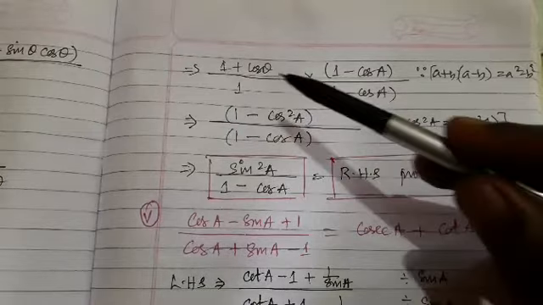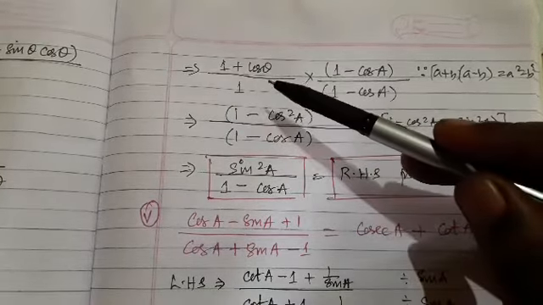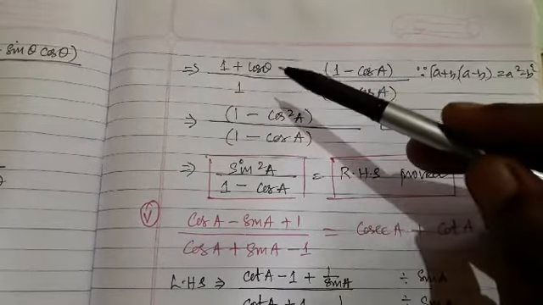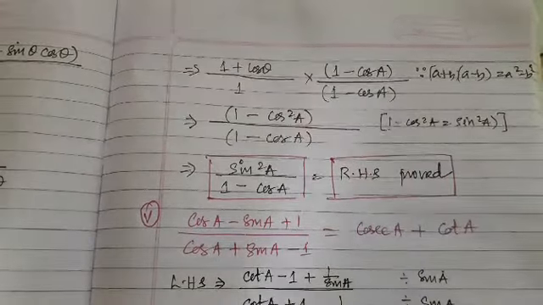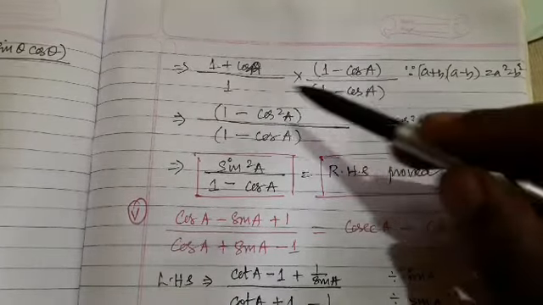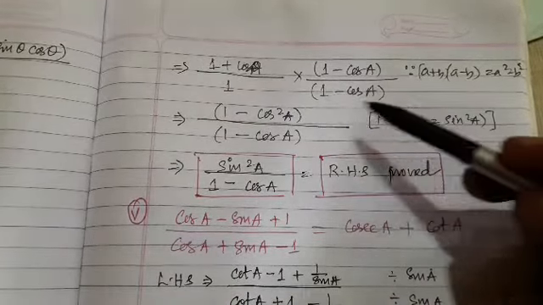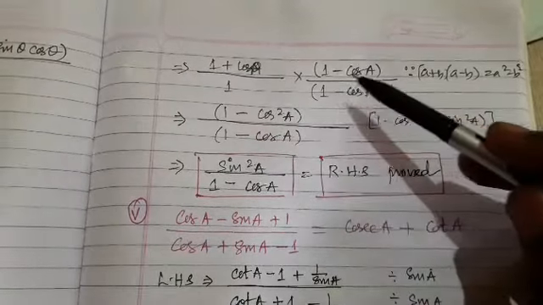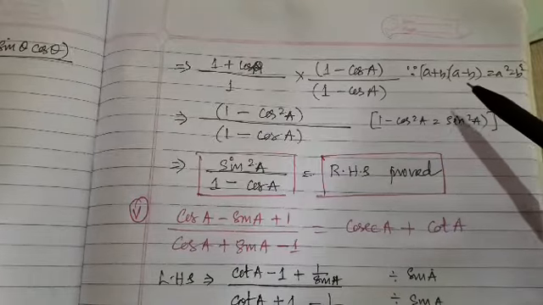Now you group this one. 1 plus cos A into 1 minus cos A, and here 1 into 1 minus cos A. So what will it become? It is in the form of A plus B, A minus B. What is the factor A plus B, A minus B?